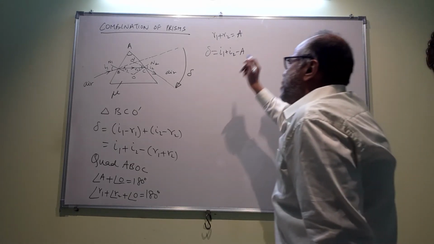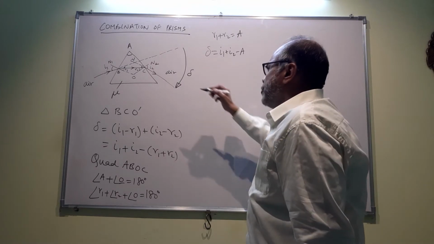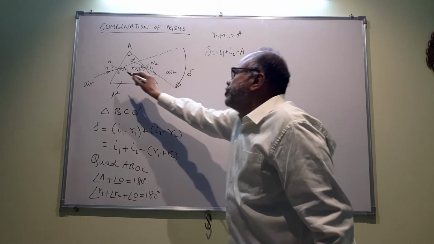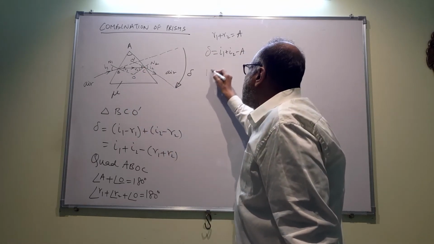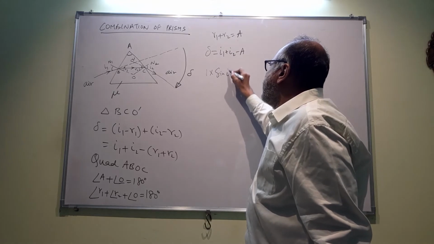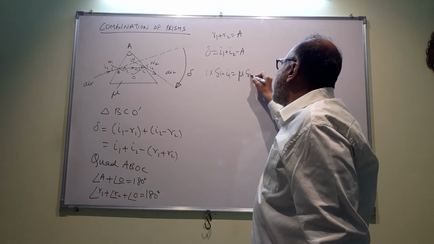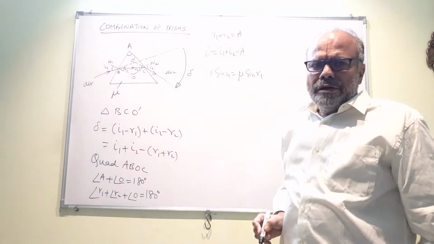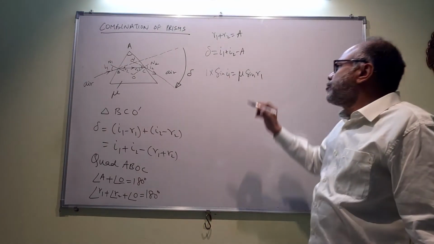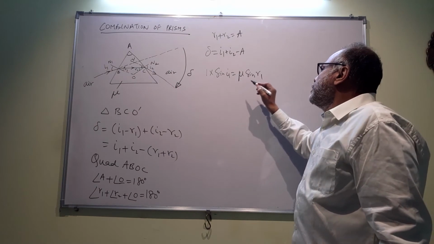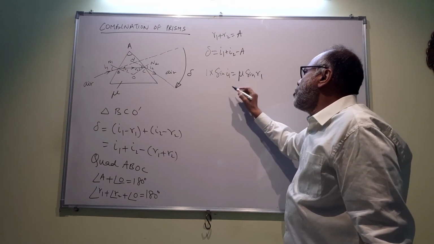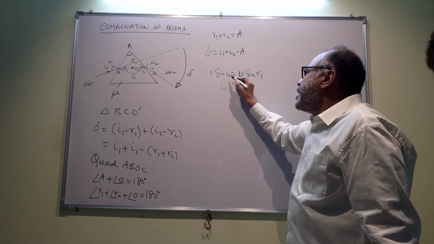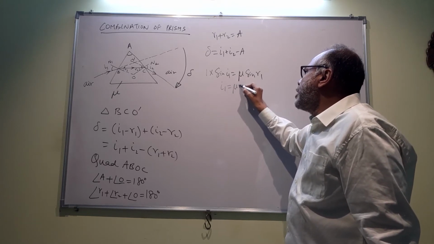Now, if you apply Snell's law to the first surface, I can say 1 sine I1 is equal to mu sine R1. If the angle of incidence is small, the angle of refraction will also be small, and we can approximate sine I1 as I1, so I1 will be mu R1.